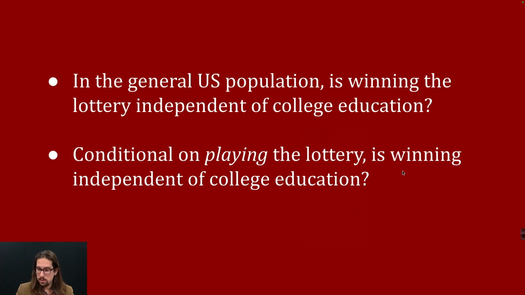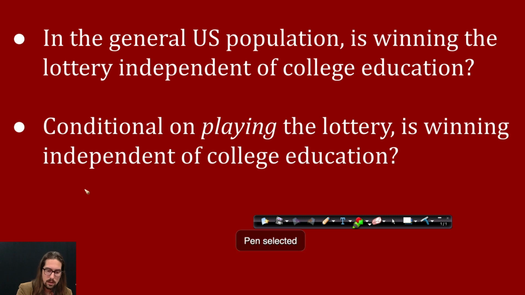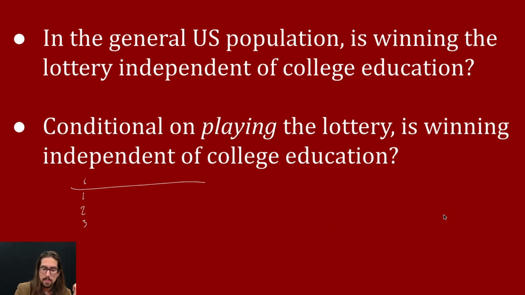So if you want to help yourself think about this a little bit more rigorously, again, it helps to imagine the data table where you actually went out and surveyed everyone. So here's all my people in the US. And we asked them, let's say, did you go to college? We asked them, have you won the lottery?